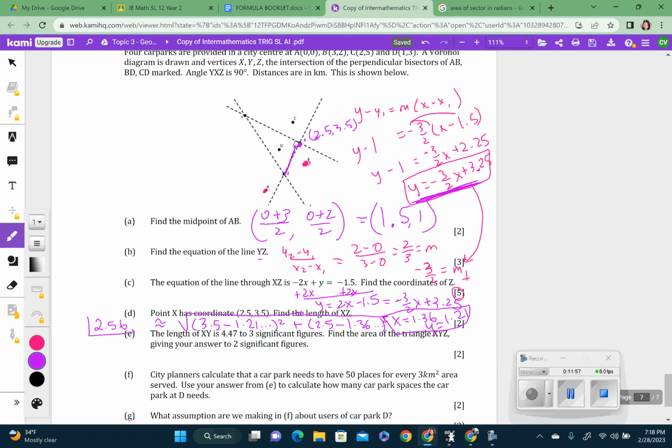And again, you round at the end, and that's 2.56 units.